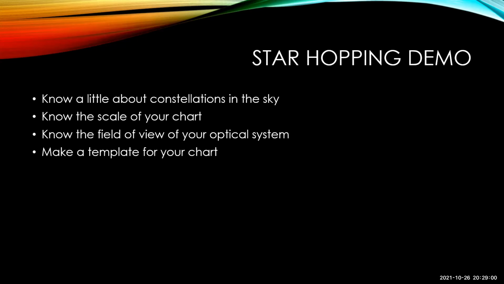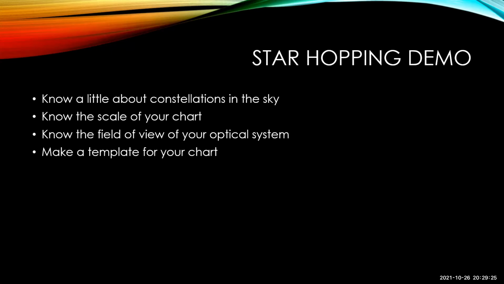The second thing is the scale of your chart. Well, we've been talking about that, and about the field of view of your optical system. So once you can put all that together in your mind, some people find it helpful to make a little template that is the scale of their astronomical charts and depicts what can be seen through their eyepiece.